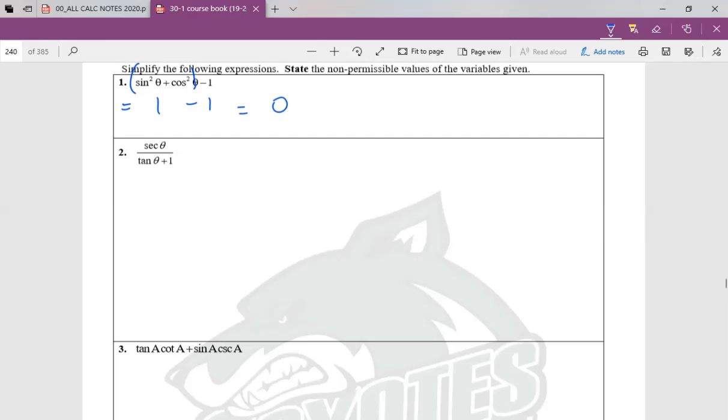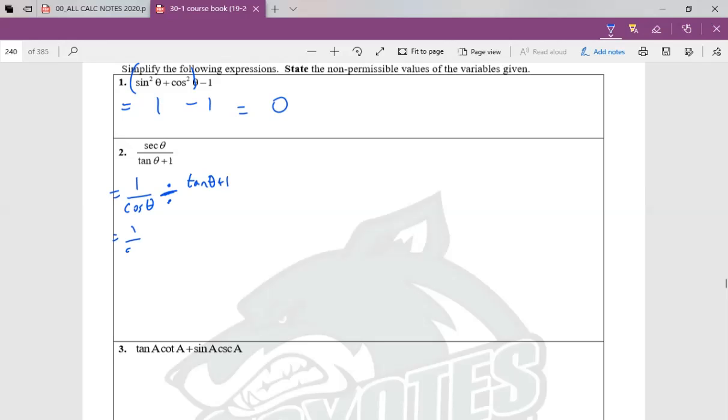Our next one, this one gets a little not pretty. This is equal to secant... Let's change these into terms of sine and cosine. It's going to be easier for us to deal with if that's the case. So 1 over cos divided by tan theta plus 1.